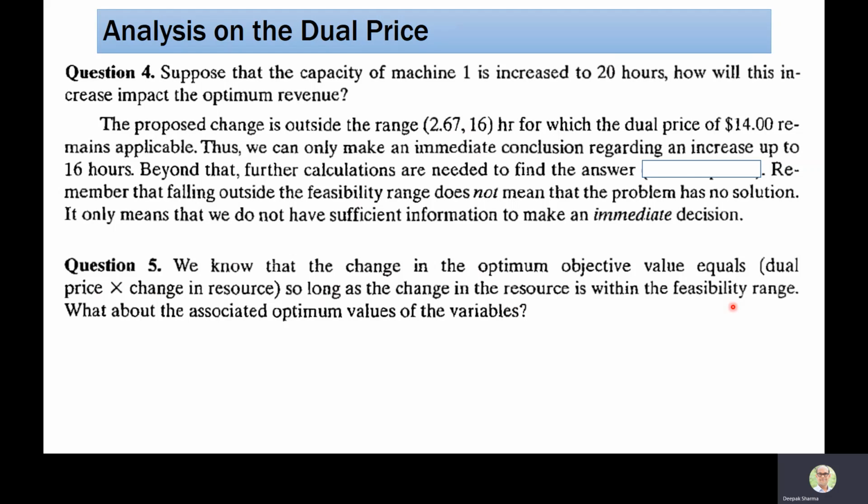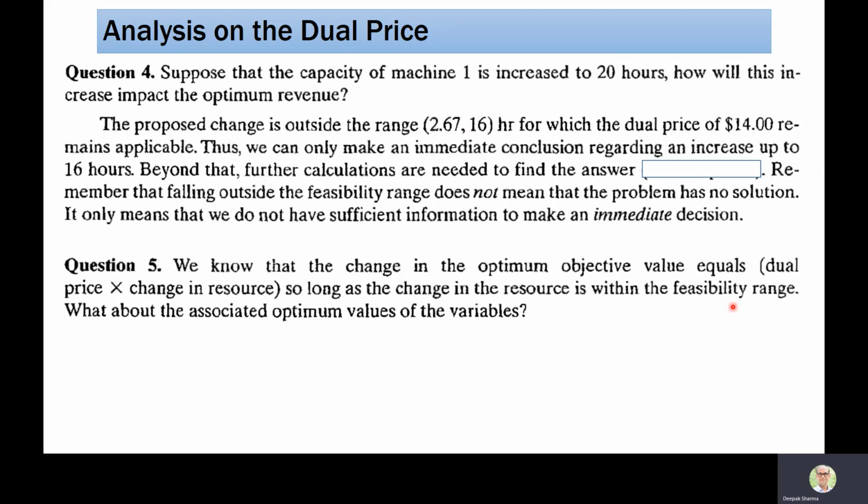What about the associated optimal values of the variables? Now, when we are changing the right hand side of the constraint, the value of Z is changing. And with the help of dual price, if it is lying within its limit, we can find the new Z value.